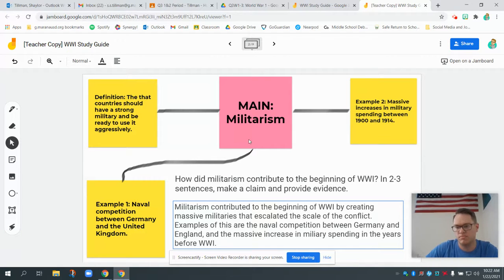So that's two sentences. It's a compound sentence there. Two sentences that entirely answers the question.